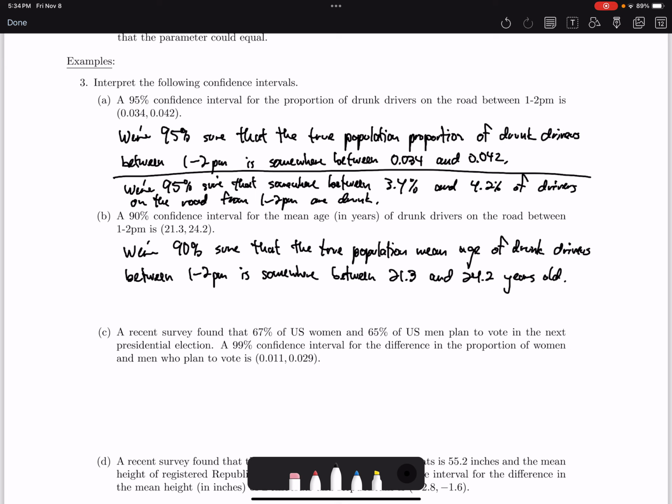Or you could say we're 90% sure that the average drunk driver between 1 and 2 p.m. is somewhere between 21.3 and 24.2 years old, right? Something like that.